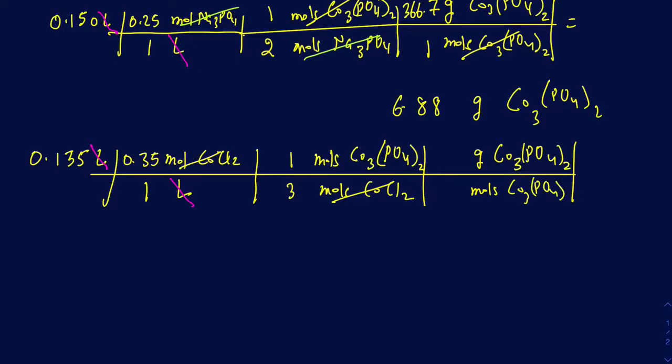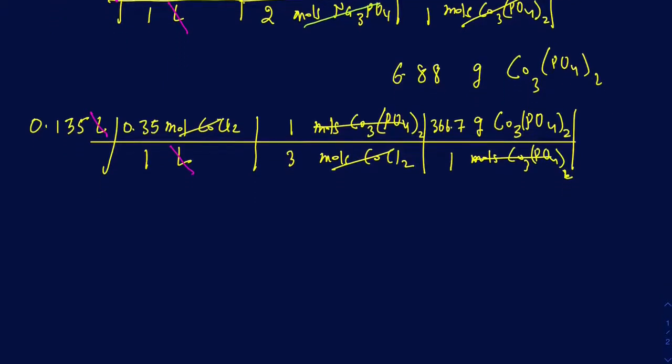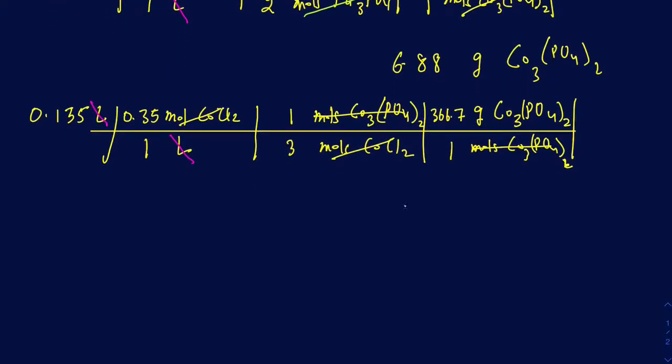This last equality actually stays the same. 1 goes with the moles, and you have 366.7 that goes with the grams of cobalt 2 phosphate. At the end of the day, the moles of cobalt 2 phosphate cancels out, and that leaves you with only grams of cobalt 2 phosphate.